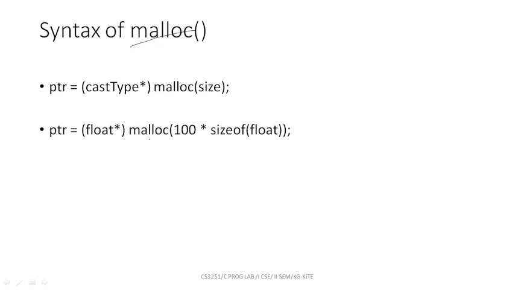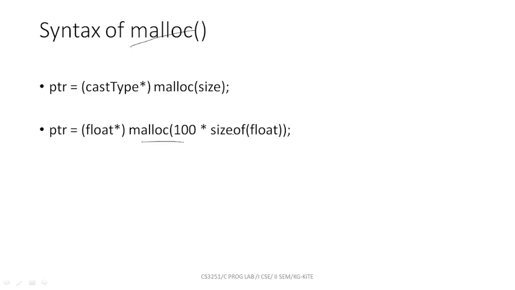For example, ptr = (float *) malloc(100 * sizeof(float)). Here the malloc function allocates 100 memory places to store float numbers.